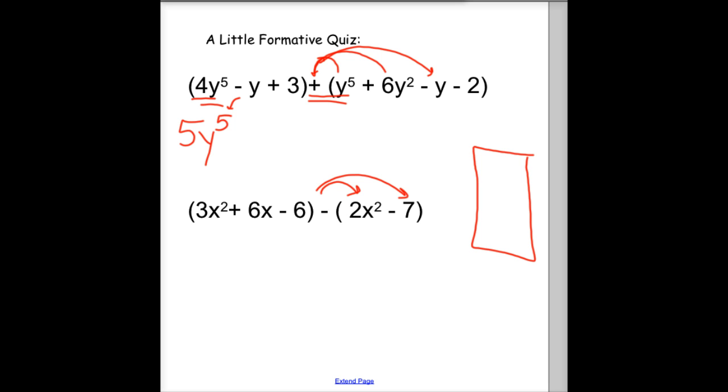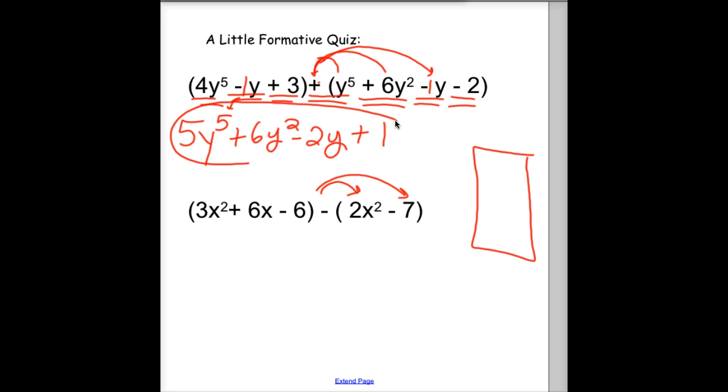I've got a 6y squared, where if I want to not have to rewrite my answer, I should put that next. I've got a minus y and then another minus y. Those don't cancel. It's 1 in the hole, and in addition, I'm going 1 more in the hole. I'm 2 in the hole. And then I've got a plus 3, and I'm taking away 2 for a plus 1.